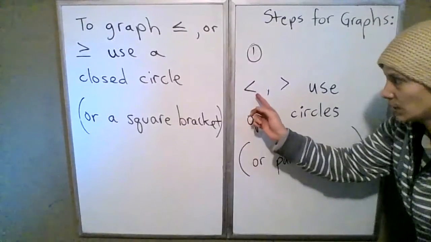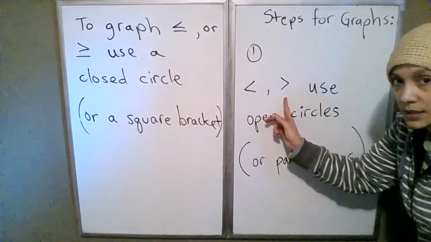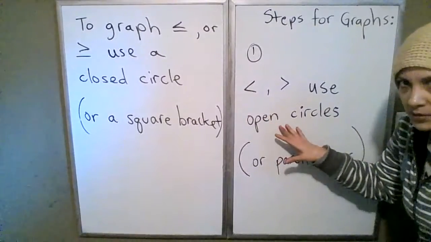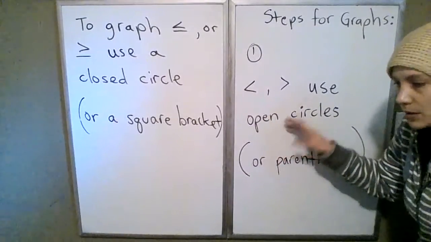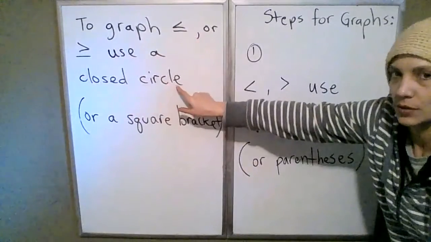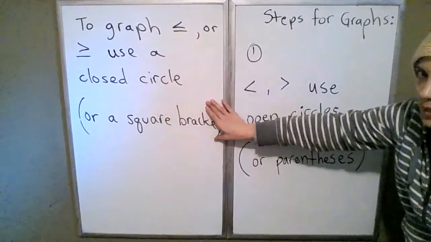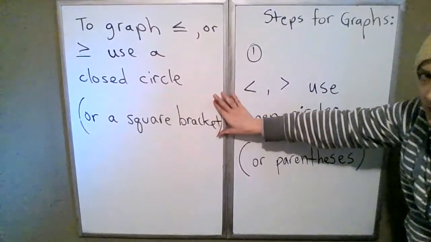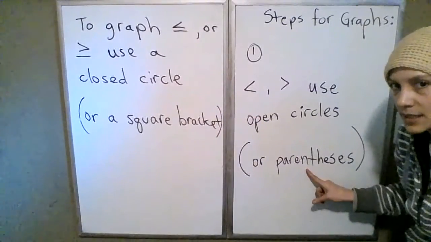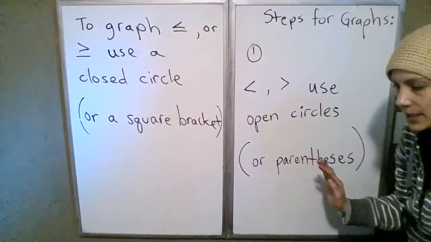All right, before erasing, when there's no equal sign, you're going to place an open circle on your graph above the critical number, which we'll talk about. If there's an equal sign, use a closed circle. Or you can put a square bracket, but the bracket has to face the solutions. Same with parentheses. If you pick parentheses, it has to face your solution section.